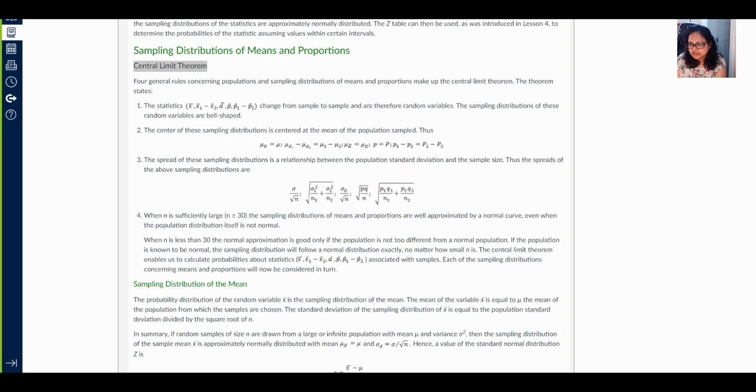What the central limit theorem says is that if we have a population and we have the population distribution, but then again, whenever we take the means many times, this is for the population, and this is the population mean.